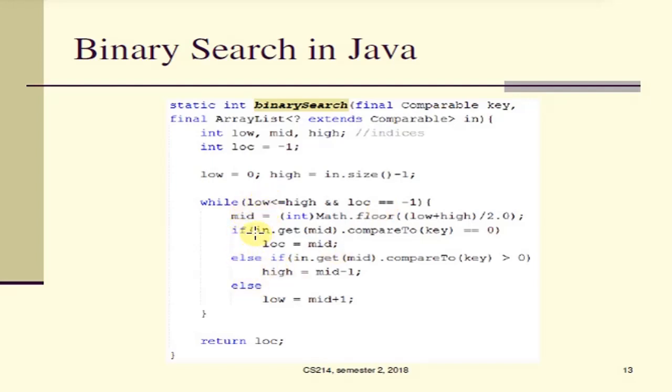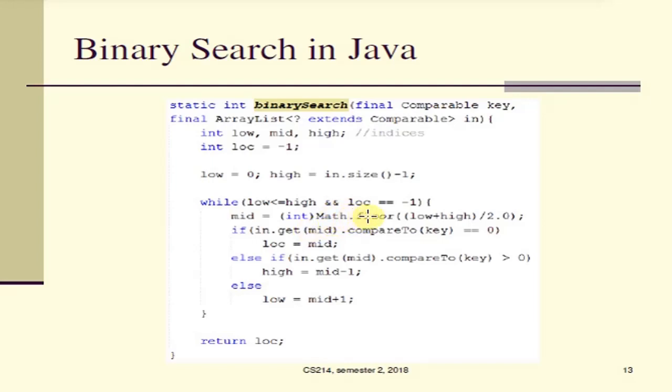What are we doing? First of all, we are setting our mid. Mid is what? This is the index that is right in the middle. So how do we find the mid? We do our low plus the high divide by 2, right? Our low starts with 0 and the high is, for example, 31. So 0 plus 31 is 31, divide that by 2, and if we get a decimal, which number are we going to take?